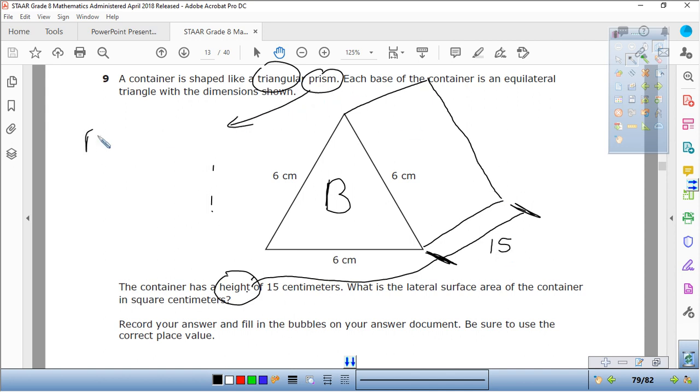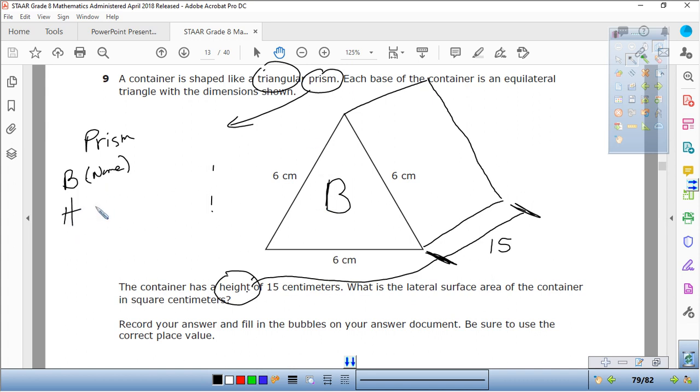In a prism, the base is this thing, named by the shape, like triangular prism, square prism, rectangular prism, octagonal prism, whatever. The octagon is your base.